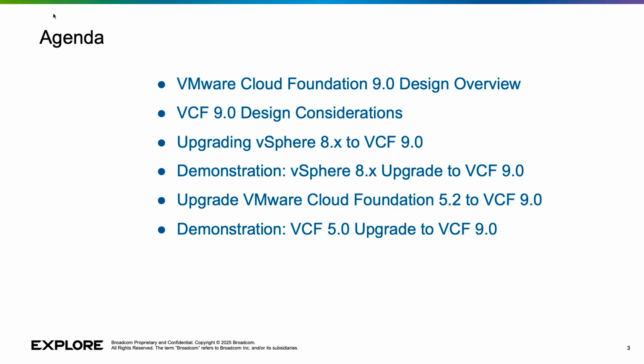We'll do a little bit of the design overview. Then we'll talk through some of the design considerations as you think about moving to VCF 9, what you need to be mindful of, and then we'll dive into it. We have two different source environments to talk through: coming from vSphere going to VCF 9, and from VCF to VCF 9.